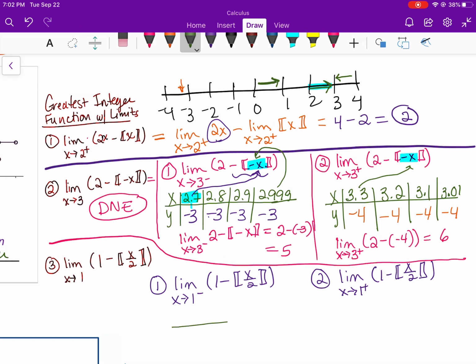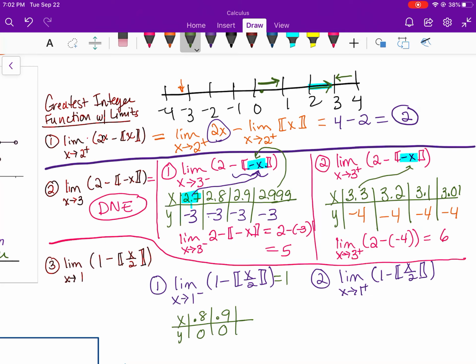So for example, if I chose a number on the left side of 1, like 0.8, and then 0.9, etc. If we divide that by 2, we're going to have the greatest integer of 0.4, correct? And 0.4, if I look at where that's at, is sitting right here, and I'm going to take it back to 0. So these all go back to 0. So I'm going to end up with 1 minus 0, and that's going to be just 1.